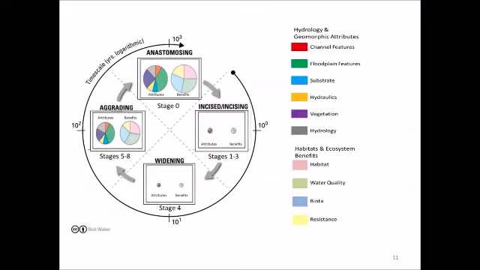And so the pie charts are big because we've got rich abundance, and they're also multicolored because we have complex systems with multiple attributes and multiple benefits. But as we incise, we lose a lot of the benthic, the bed attributes and ecosystem services. And as we widen, we wipe out the riparian ones as well. And so when we get to stage 4, we've got very, very heavily degraded ecosystem services.